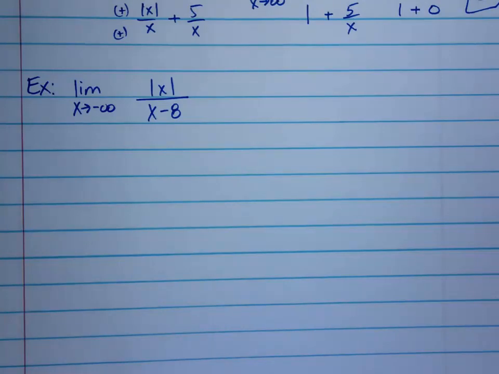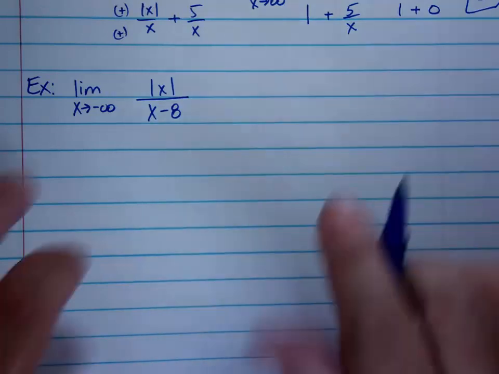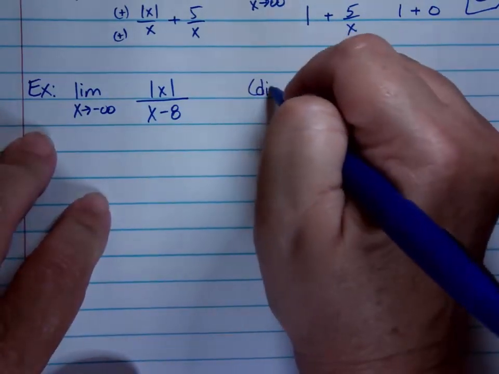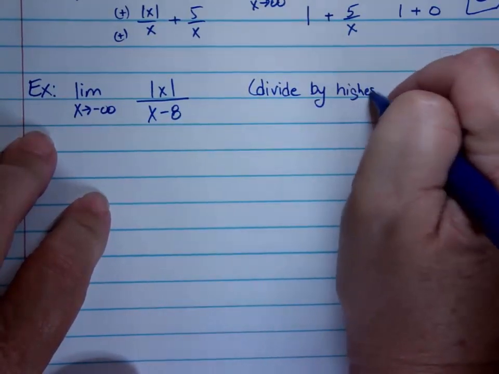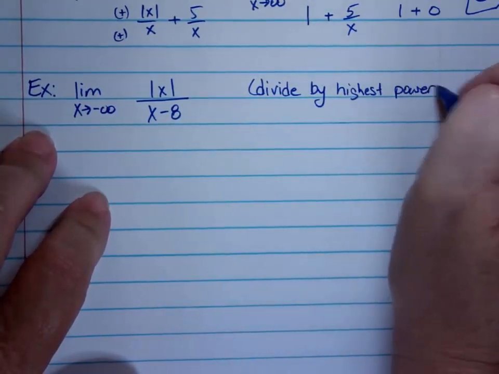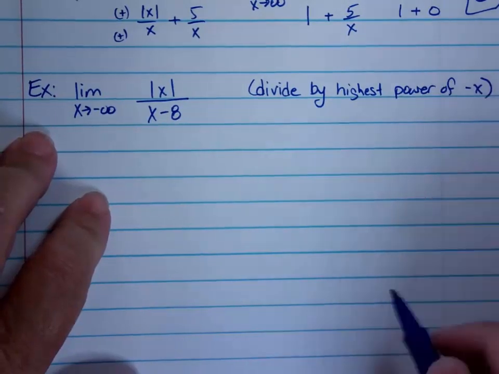Because we have negative infinity involved, we're going to divide everything by the highest power of negative x. I'm going to write that down as a reminder: divide by the highest power of negative x.